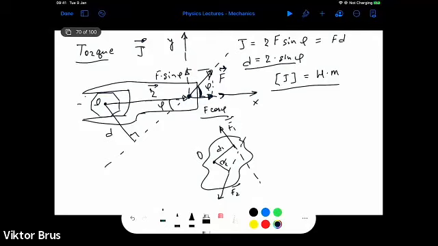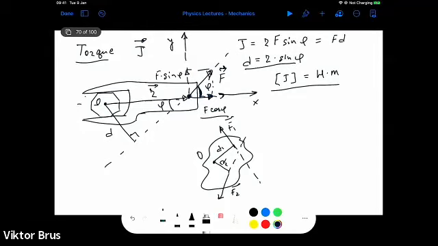But we see that because of the orientation of these two forces with respect to the axis of rotation, they tend to rotate the rigid body in different directions.